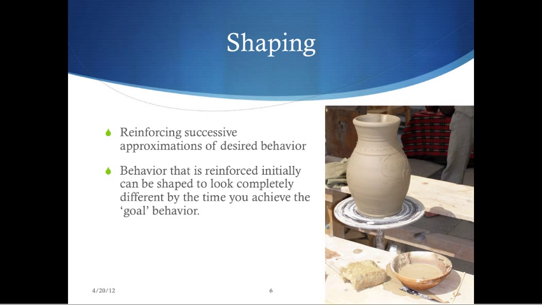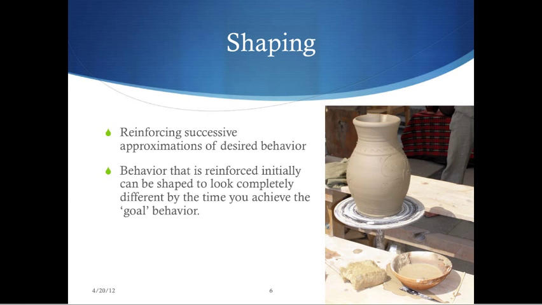So we start out with one behavior, and we can shape it to look completely different in order to achieve the goal behavior. The next step that we actually did with the sit pretty thing was we had her stand. Right? So now we trained the one behavior of sit, then we shaped that into sit pretty, and then the next step is, when we say stand, she has to stand up from that sit pretty position.